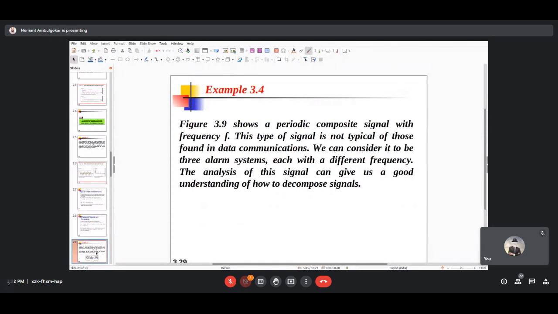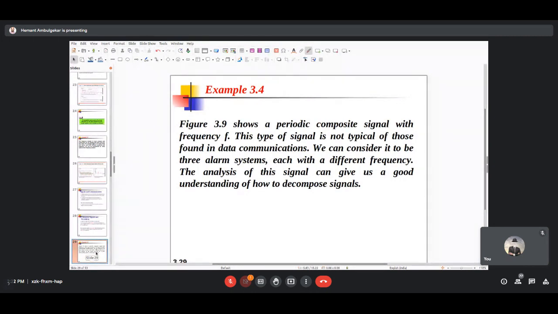Now here is an example. In this example, we show a periodic composite signal with frequency f. This type of signal is not typical of those found in data communication, but we are just considering it for understanding how a composite signal gets decomposed.